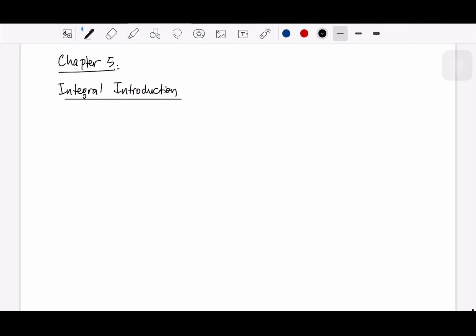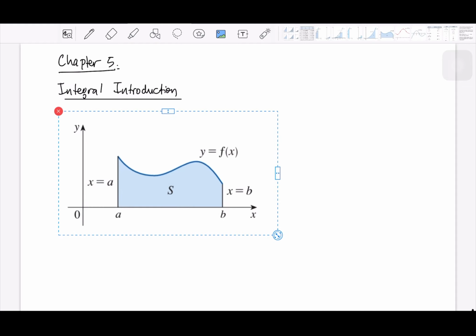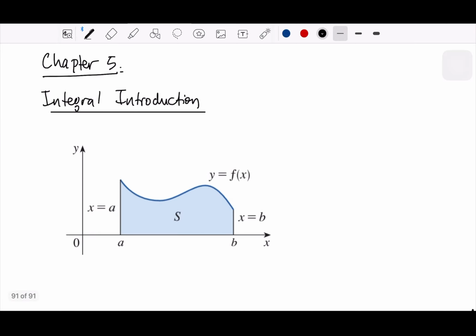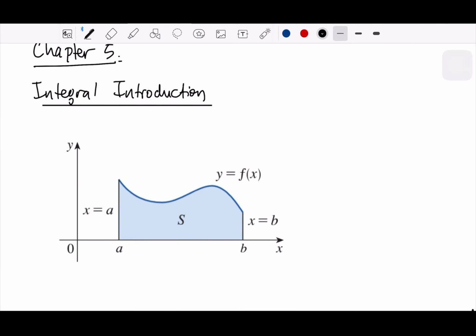Okay, we begin to introduce the integral from a problem that we might need to think about. For example, if we take this, this is a random function. We have x equal a and x equal b.